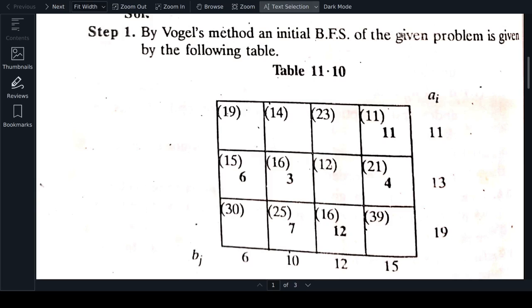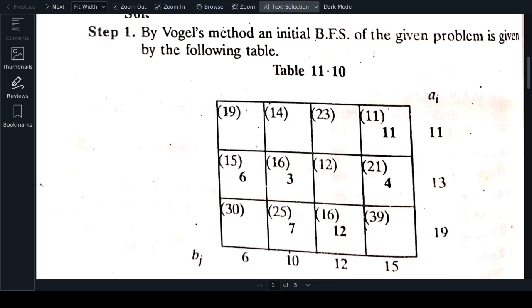Let us see how to apply Vogel's approximation method. First, row wise and column wise, you find out the penalties. Suppose in our first row, how to find the penalty? First, you check the lowest cost, which is 13.